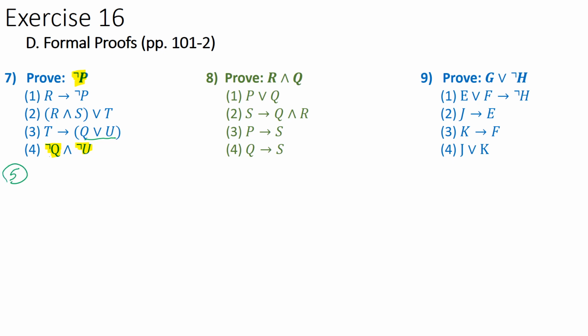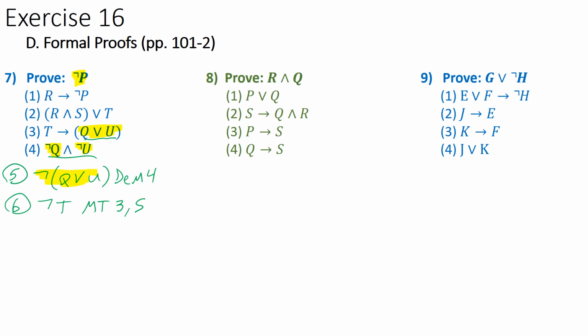So this is equivalent to, it's not the case that, parentheses, Q or U. So that's just De Morgan, line 4. And this statement denies this consequent, so we can deny the antecedent. So for 6, T is not the case. We know that by Modus Tollens, lines 3 and 5.